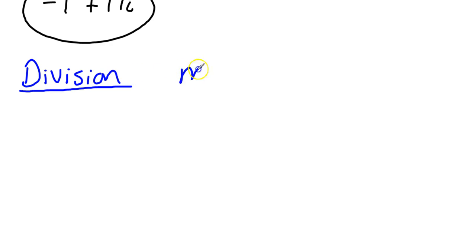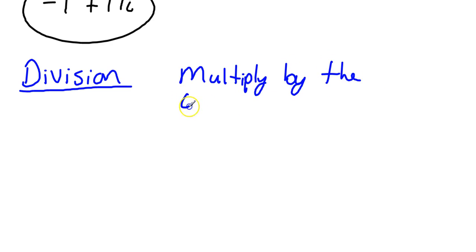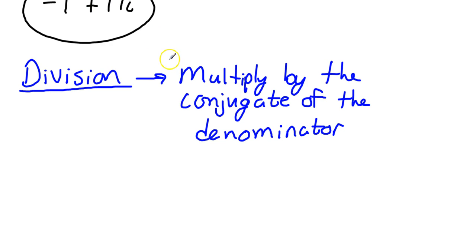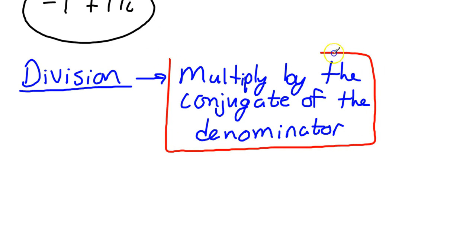For this part of it, you're going to have to multiply by the conjugate of the denominator. So even though it says to divide and simplify, it's really not division. It's still just like when we're doing with the radicals. You're multiplying by the conjugate. Same thing for this one. You're still going to multiply by the conjugate.